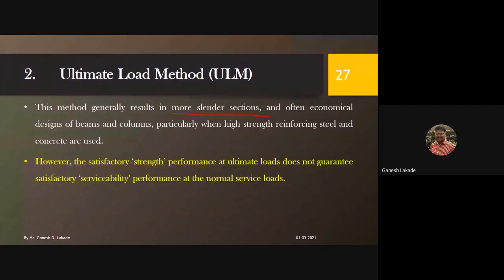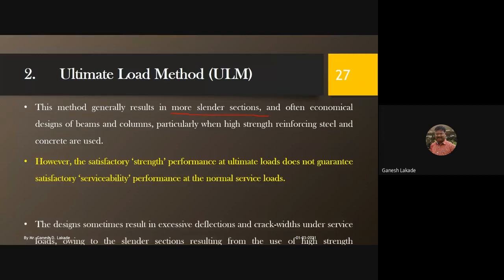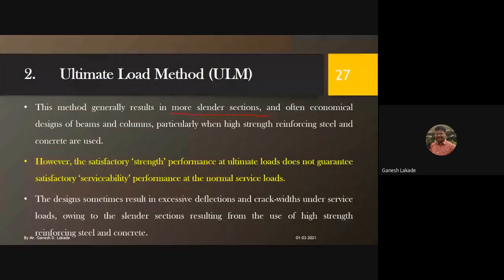But satisfactory strength performance at ultimate load does not guarantee satisfactory serviceability performance at normal service load. I already explained this point right now, and the design sometimes results in excessive deflection. Particularly, due to lack of proper workmanship or any other reason, there may be some inferior or lower strength of material available.